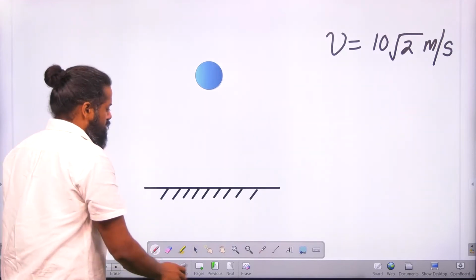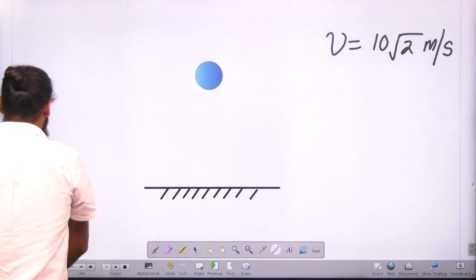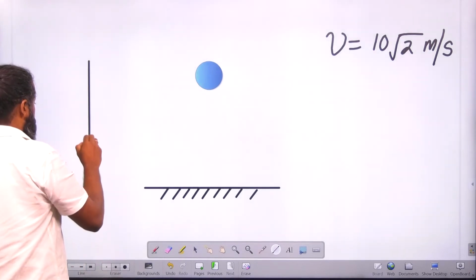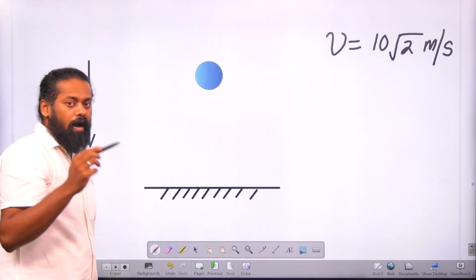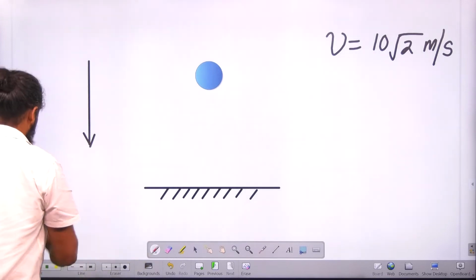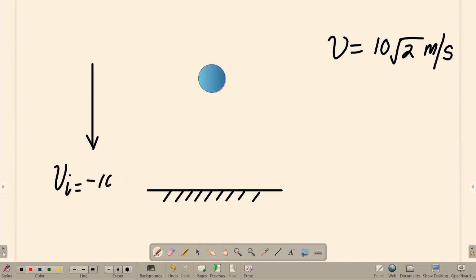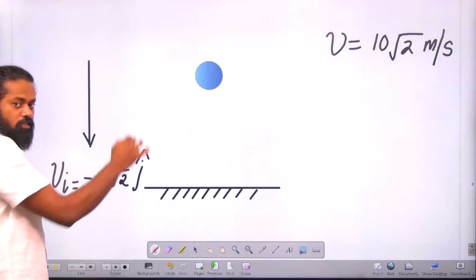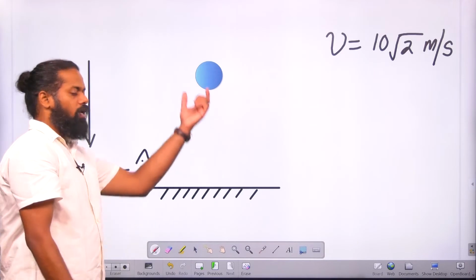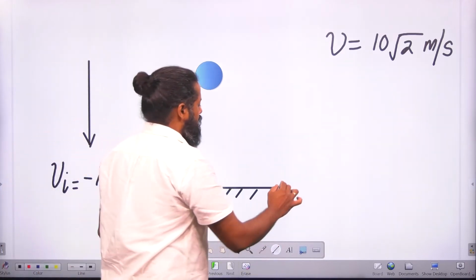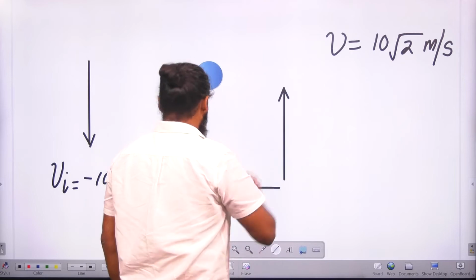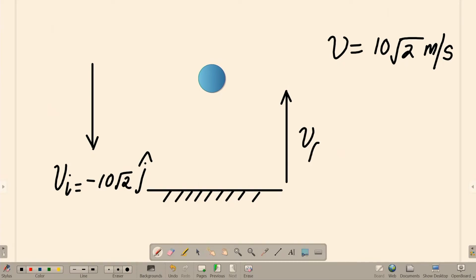Previously the velocity was in the downward direction, the minus y direction, so the initial velocity is equal to minus 10 root 2 j cap. If it is rebounding with the same velocity, the final velocity is equal to plus 10 root 2 j cap.